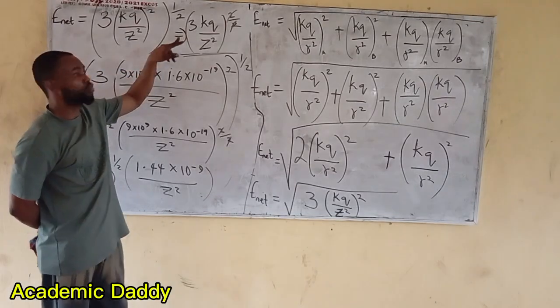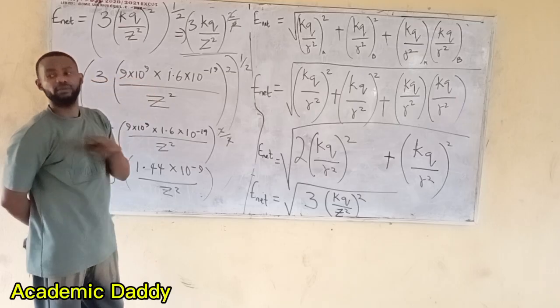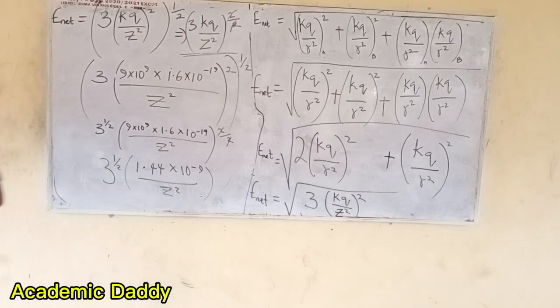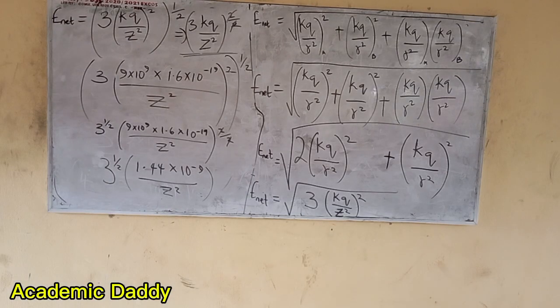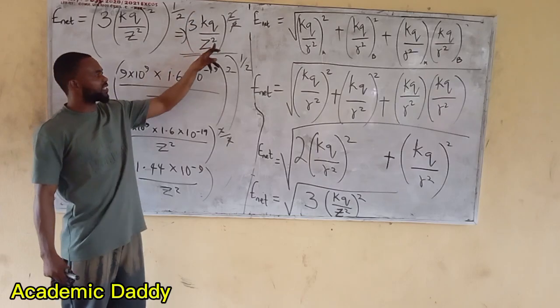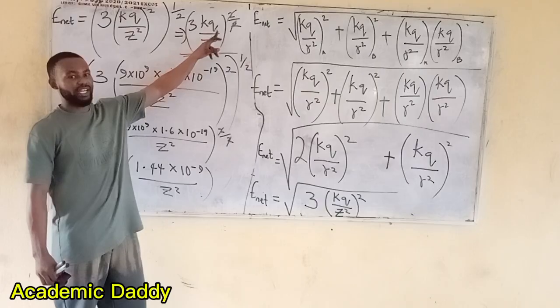Check. What I'm asking is, did they leave it as root 3K cube over Z square? You see what I left it as? Yes. Root 3K.